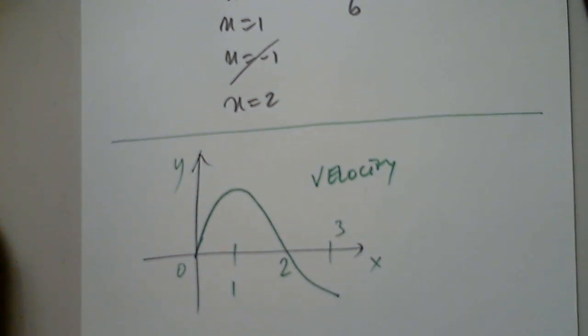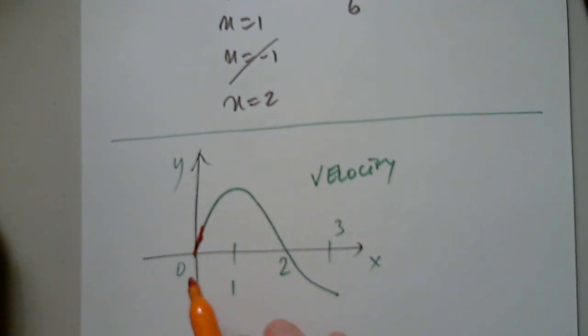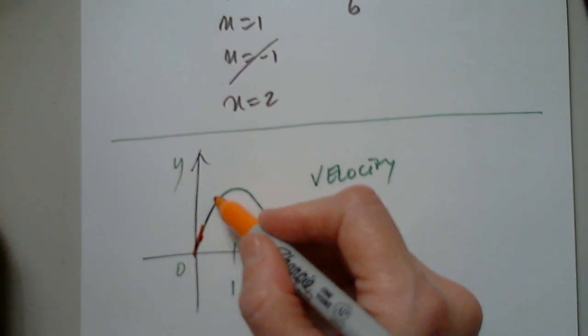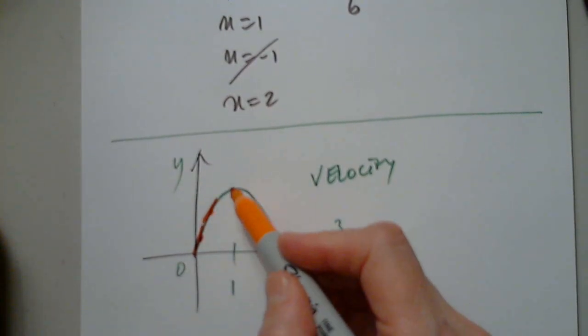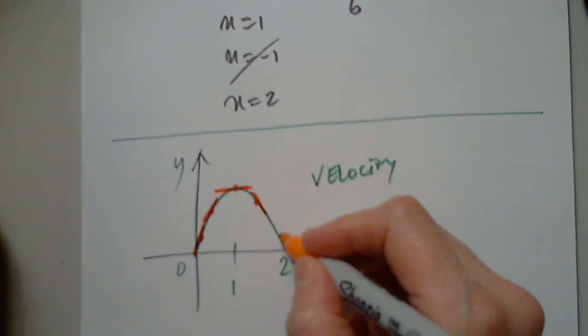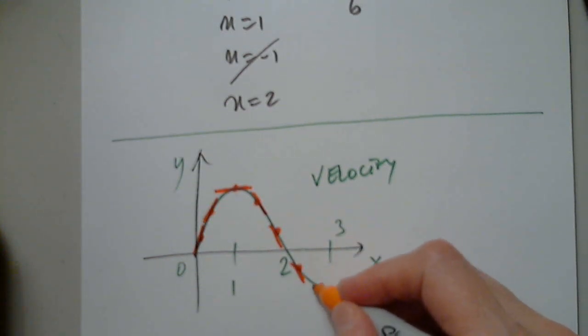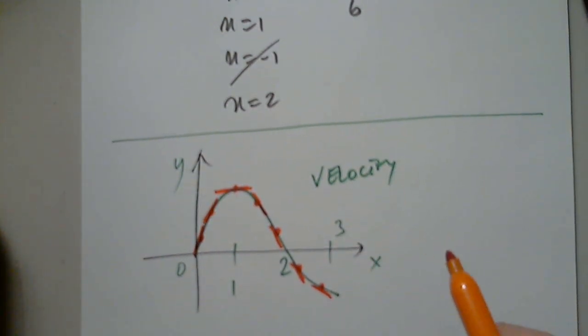And when I graph in different points, the slope of the tangent line is what the acceleration is at this point. This is what the acceleration is at this point, at this point, at this point, at this point, and at this point.